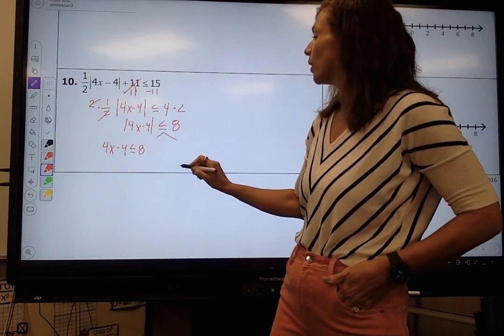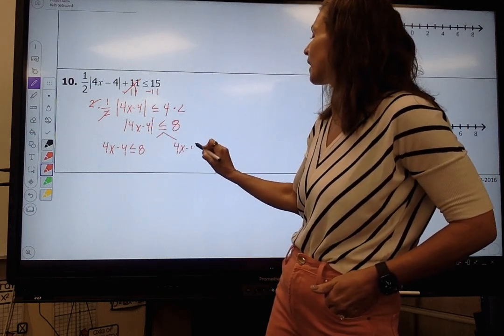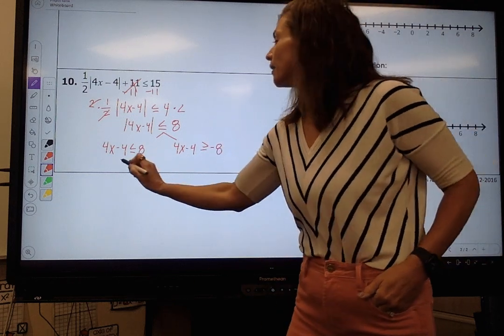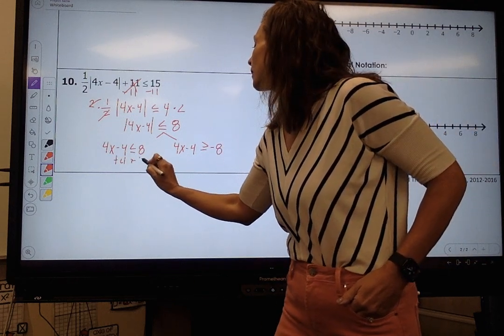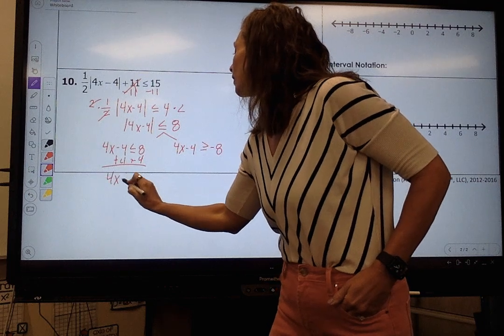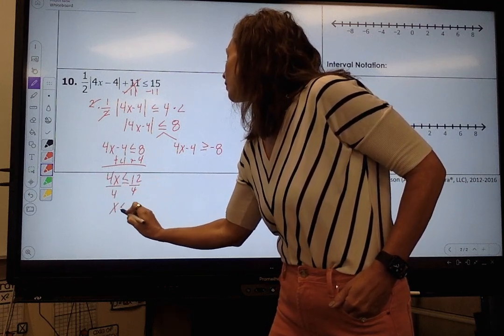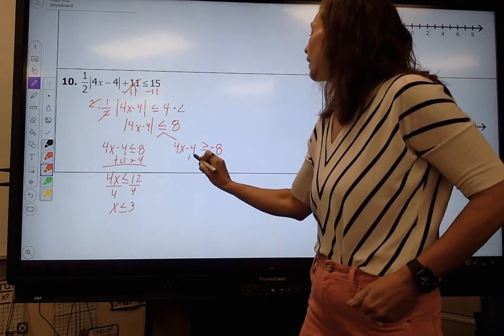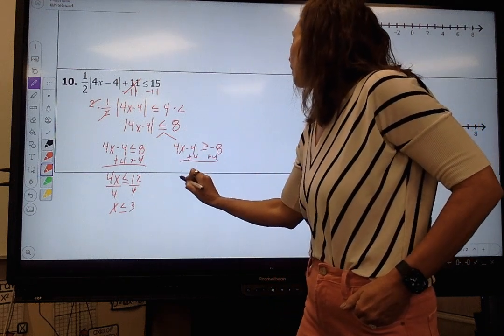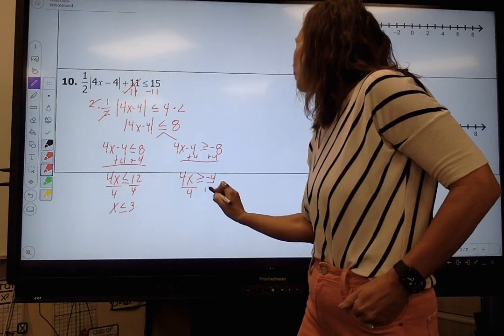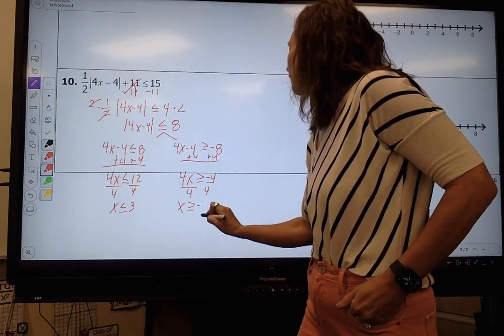And over on this one, I keep what's inside, I switch it, and I switch it, right? And then, of course, I solve. Add 4 to both sides, 4x is less than or equal to 12. Divide by 4. X is less than or equal to 3. Over here, I add 4. 4x is greater than or equal to negative 4. Divide by 4. X is greater than or equal to negative 1.